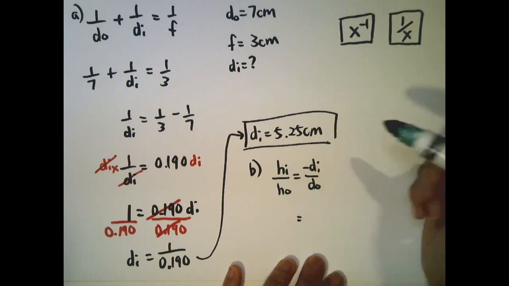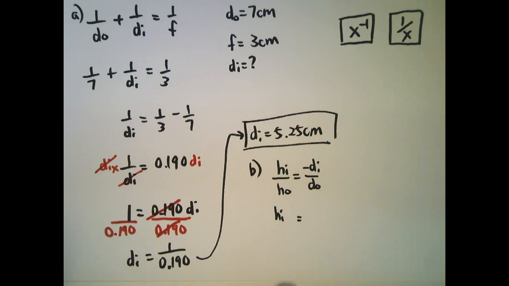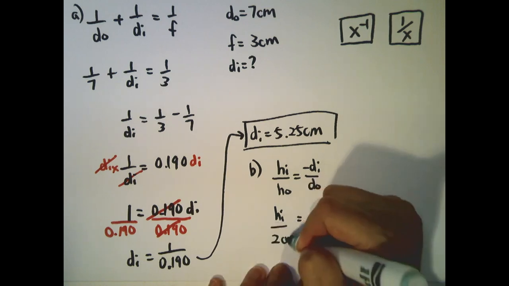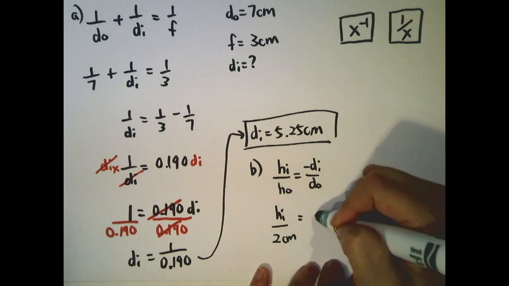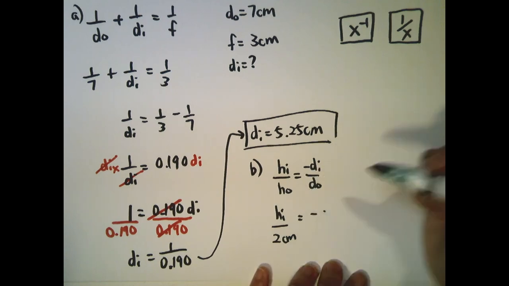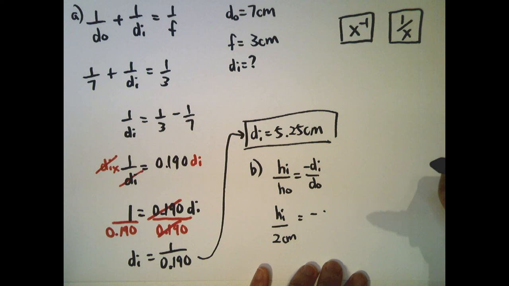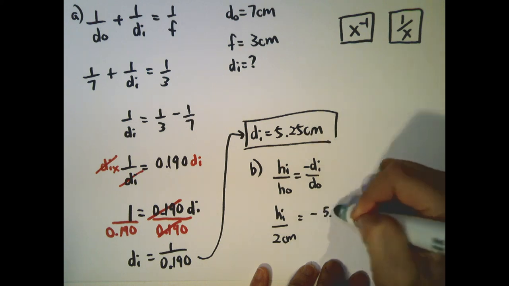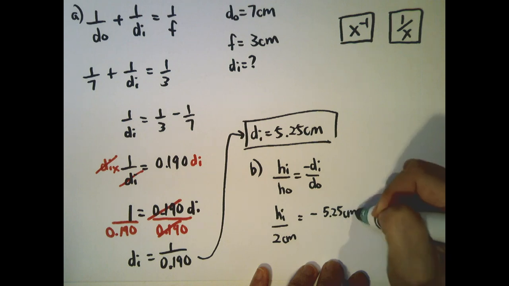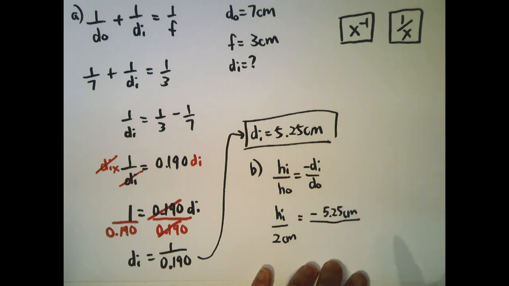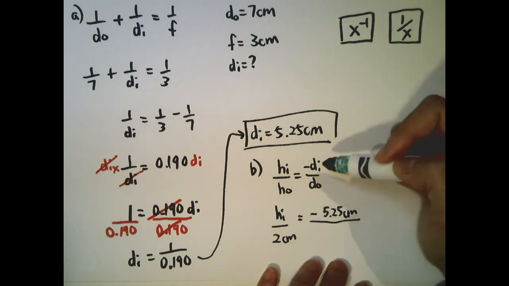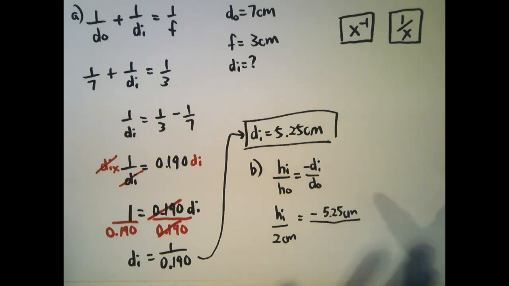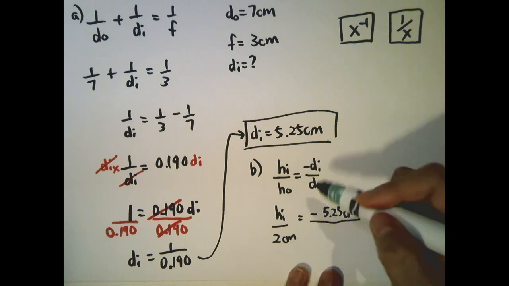Let's plug everything in. HI is what we're trying to solve for. HO is 2 centimeters. Negative DI. Well, DI we calculated to be 5.25 centimeters. Remember, it's a real image, so yes, DI is positive, but there's a negative sign in the formula, so you have to keep that negative sign in there.